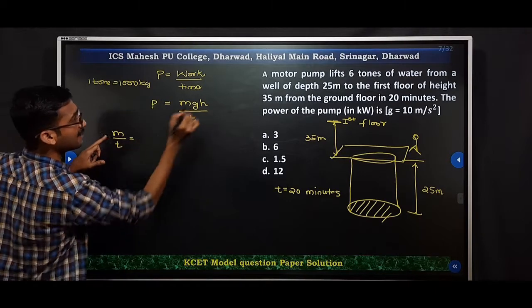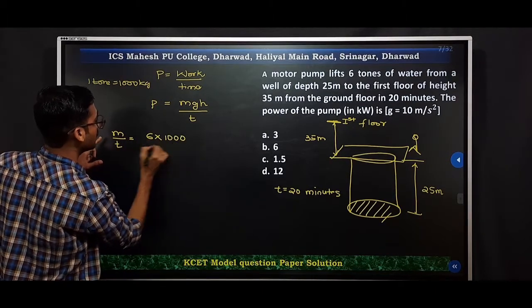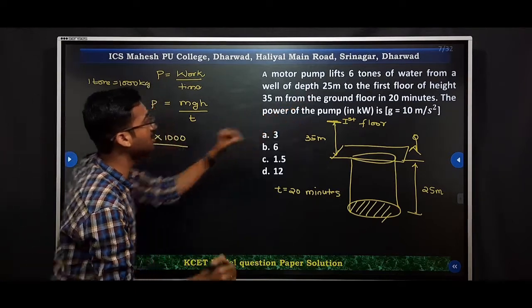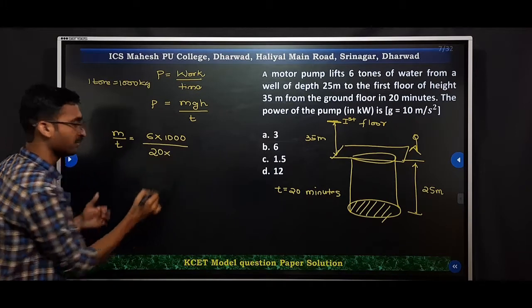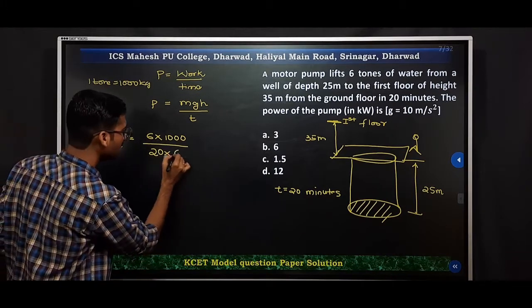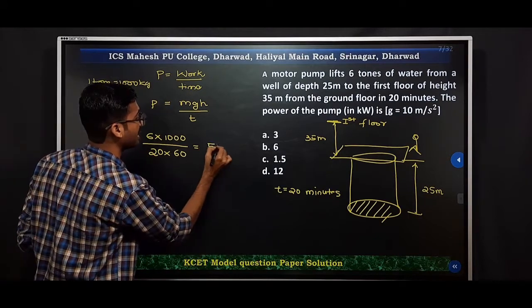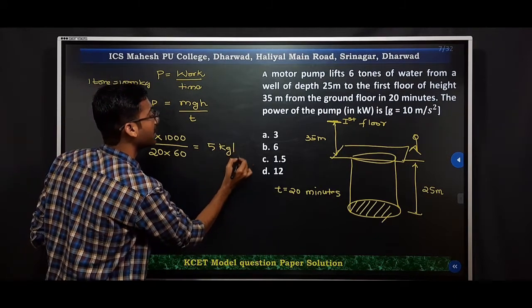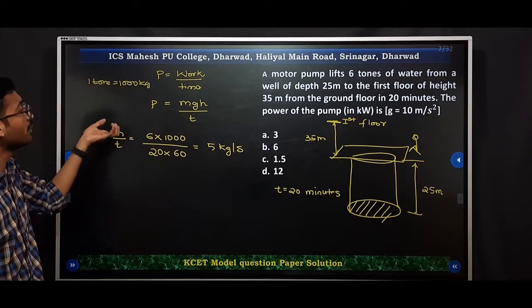Therefore, mass is how much now? 6 into 1000 divided by time is how much now? Within that we are doing the work, that is 20 minutes. Convert into seconds, that's 60. Therefore, on solving this equation, we are getting here 5 kg per second. 5 kg per second is the ratio m by t.